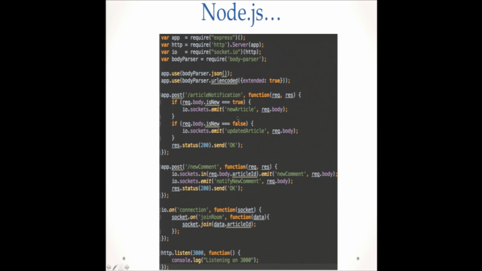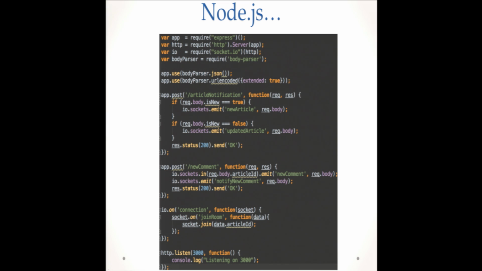So this means that on the client side, we need an event handler for the new article event. If it's not true, then it means that an article is being modified, and we will emit a different event. In this case, updated article.